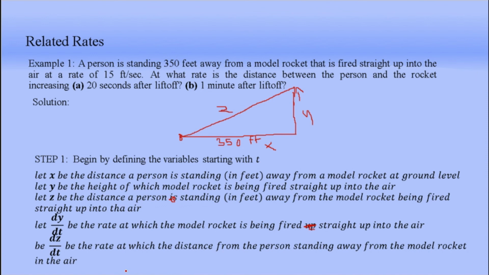Again, let dz/dt be the rate at which the distance from the person standing away from the model rocket changes. So the derivative of this.